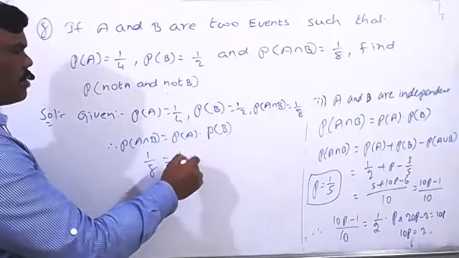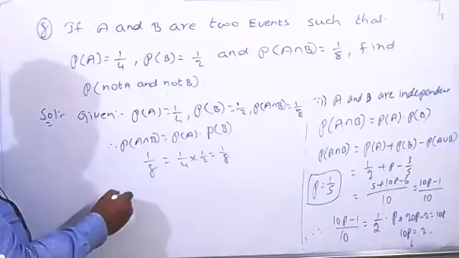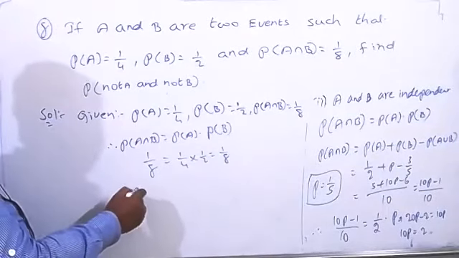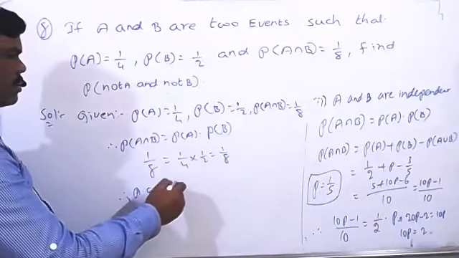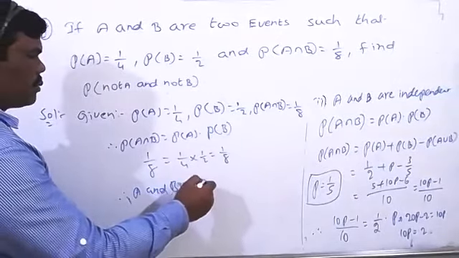So 1 by 8 equal to 1 by 4 into 1 by 2 equal to 1 by 8. Therefore, A and B are independent events.